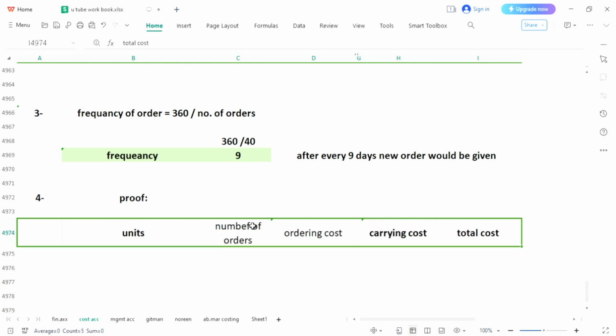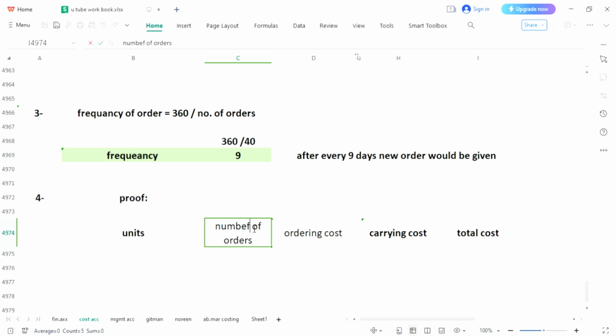Very first is the number of orders to be placed, and this formula was already discussed within this question. We have calculated the number of orders, and that is 365 divided by 360, no, it's frequency, not number of orders, I'm deleting it. Excel actually auto collects and we don't need it.